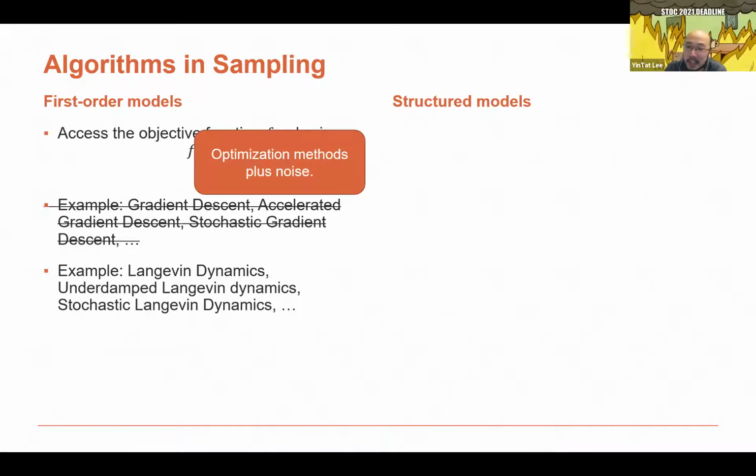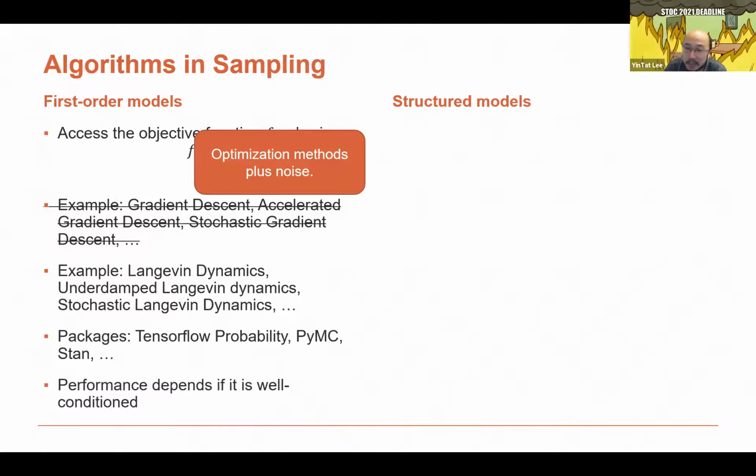And essentially, you can think of it as just gradient descent, but at each step you add some noise to make sure you are doing sampling. And similarly, you have packages based on those algorithms. There are many packages on this, and similarly, the performance depends on whether the problem is well conditioned.